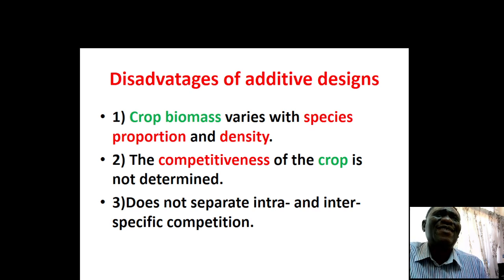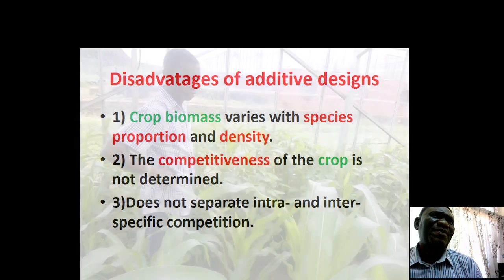That is the problem. This one cannot separate intraspecific competition among weed species or maize species or crop species and interspecific competition, competition between the weed and the crop. You cannot separate these. But these are some of the technical issues.